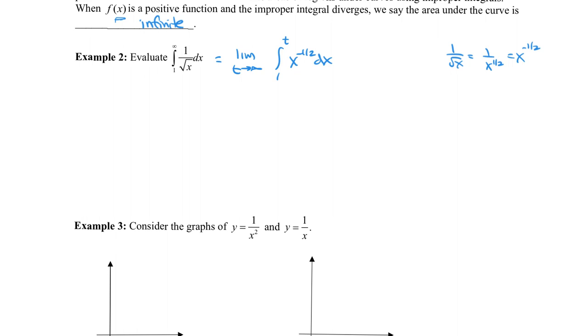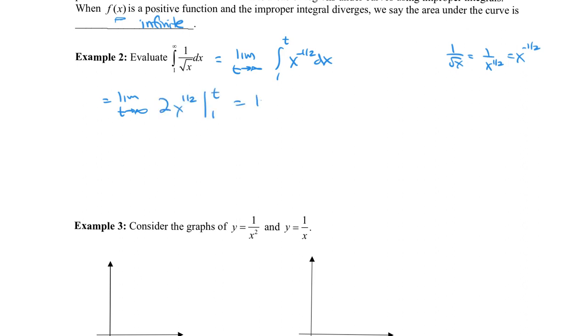We can take the integral right now using the power rule, and this would give us the limit as t approaches infinity of x to the 1/2. So we go up by 1, so it makes it x to the positive 1/2. We divide by 1/2, which is like multiplying by 2, x to the positive 1/2 from 1 to t.